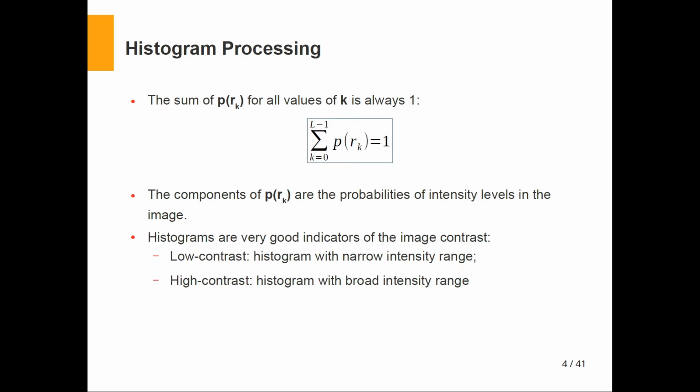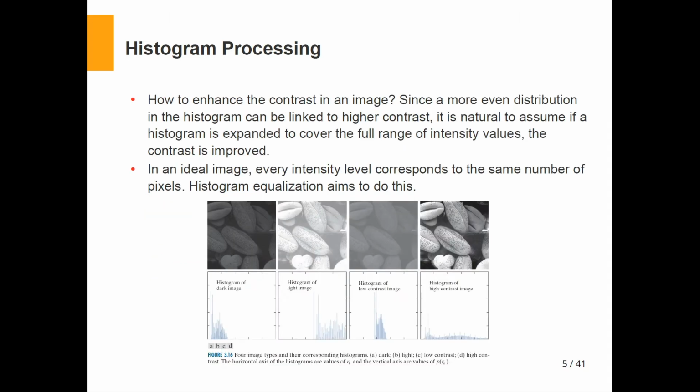As I said, the components of this function are the probabilities of intensity levels in the image. So usually when we use histograms, we are dealing with two types of images: either the image is low contrast or high contrast. In low contrast images, the histogram has a very narrow intensity range, in general. On the other hand, a high contrast image has a much broader intensity range.